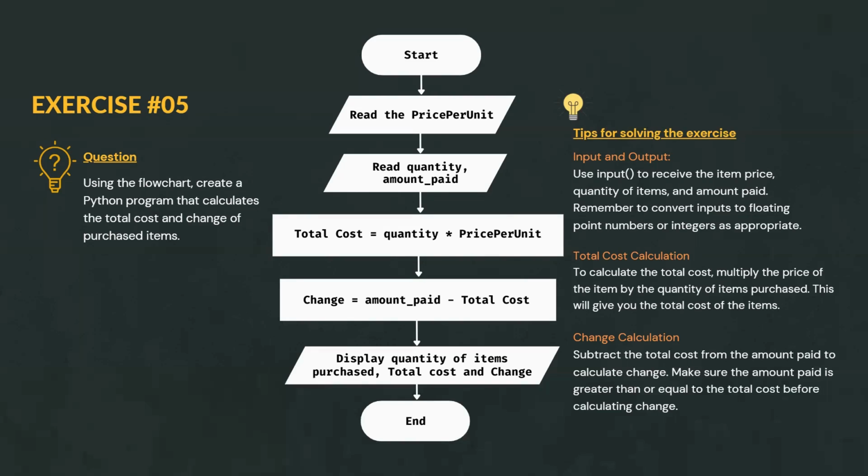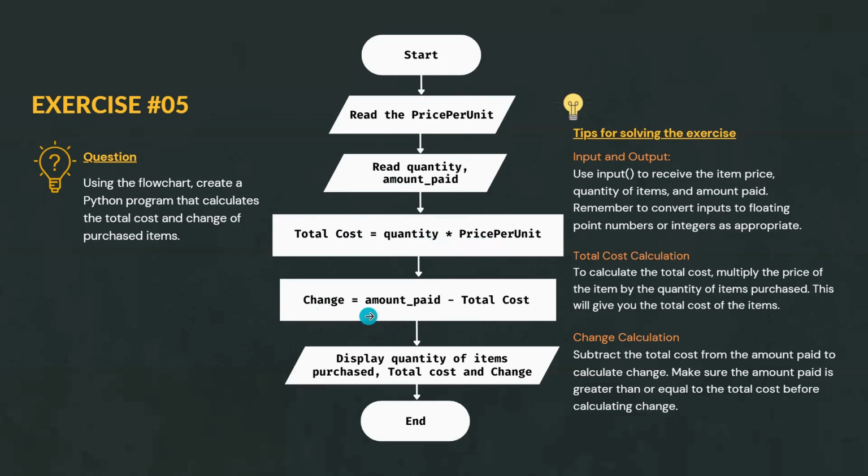So the first thing we have to do is to understand the flowchart logic. So here's what the flowchart for this exercise looks like. We will start and we will get the price per unit. We will read the quantity and even the amount paid. And then we will calculate the total cost using this formula. You don't have to crack the formula. It's already there. You just have to implement it. So it's quantity into price per unit.